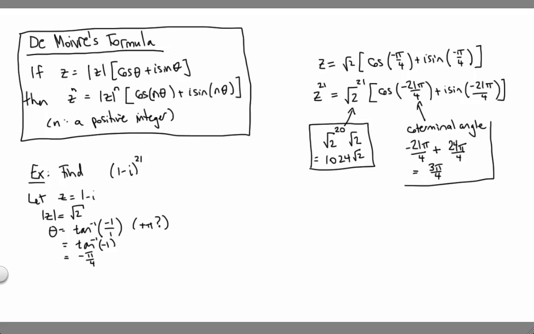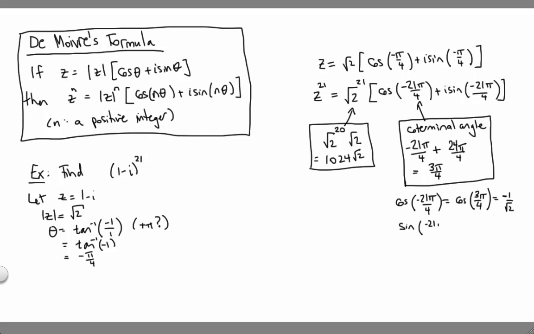And again, the reason why we're doing this is just so that it's a little bit easier to evaluate cos of minus 21 pi over 4. So just doing a bit of a side calculation here, cos of minus 21 pi over 4 is going to be the same thing as cos of any coterminal angle. So cos of 3 pi over 4, and that's going to give us minus 1 over root 2.